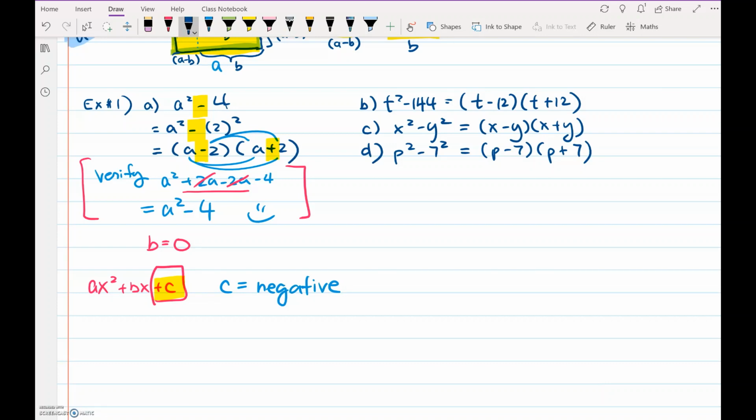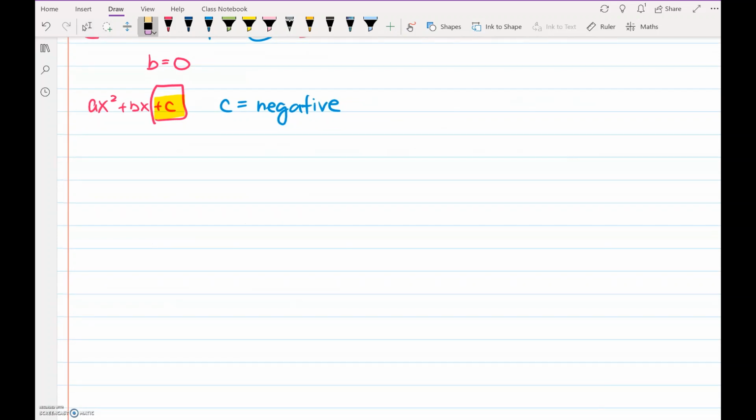So let's try an example here. In our classroom example, let's keep this organized. I'm going to scroll down here. In our classroom example number 2, e gives you 4x squared plus 25. Don't make the mistake of trying to do something like (2x plus 5)(2x plus 5).